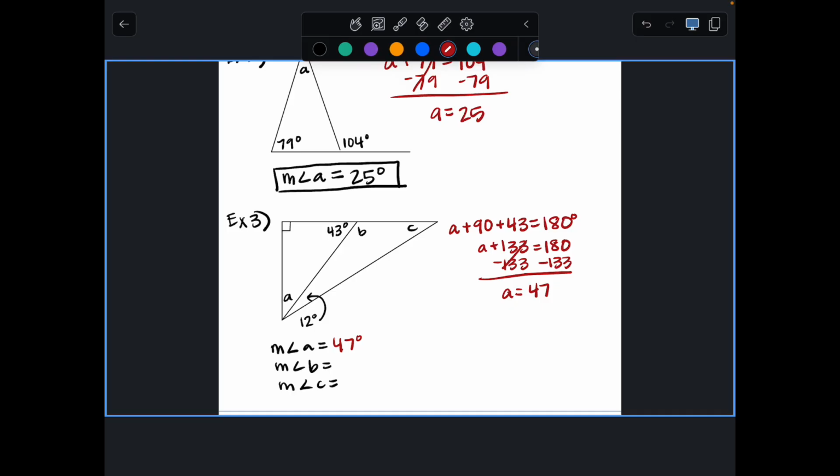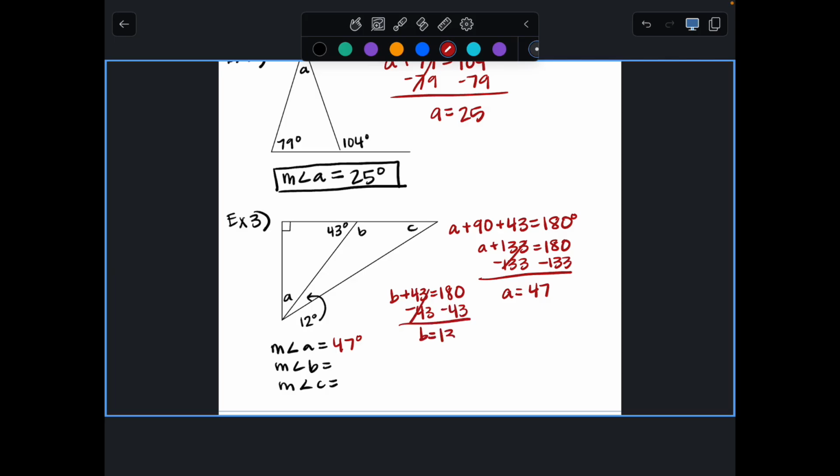How can we find angle B? 180 minus 43, because we know that those are supplementary. So B plus 43 would equal 180. So subtract 43.